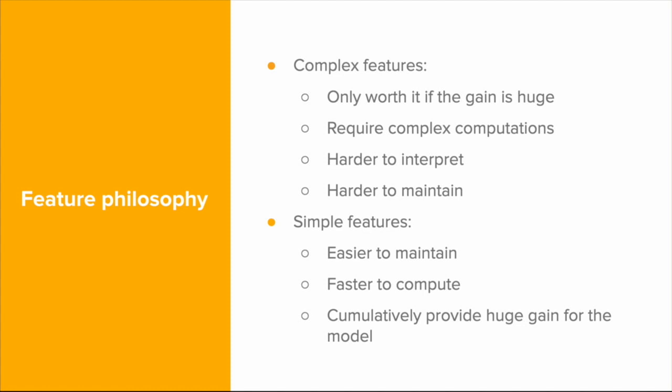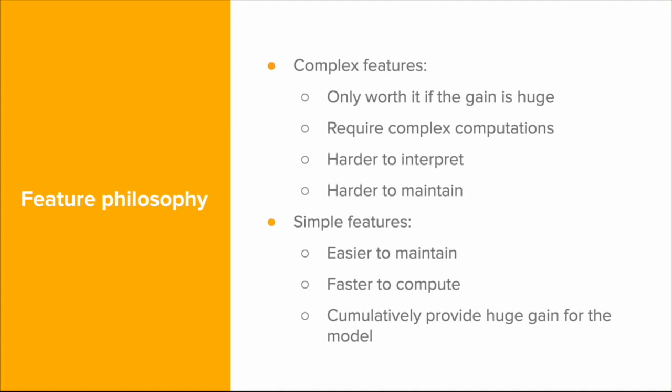So Zipline intentionally makes this compromise of saying we will support the simpler features and help data scientists iterate on the simple feature space so quickly that they come up with, say, 100 features in the same amount of time that they would come up with one complex one. And this should support them in case of shifting distributions or changes in production.